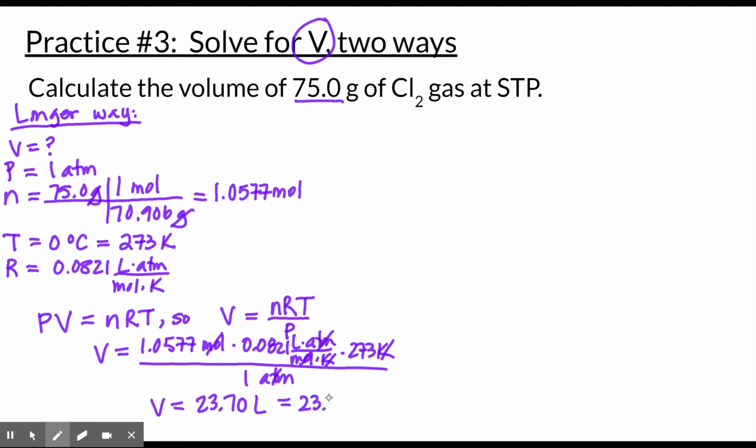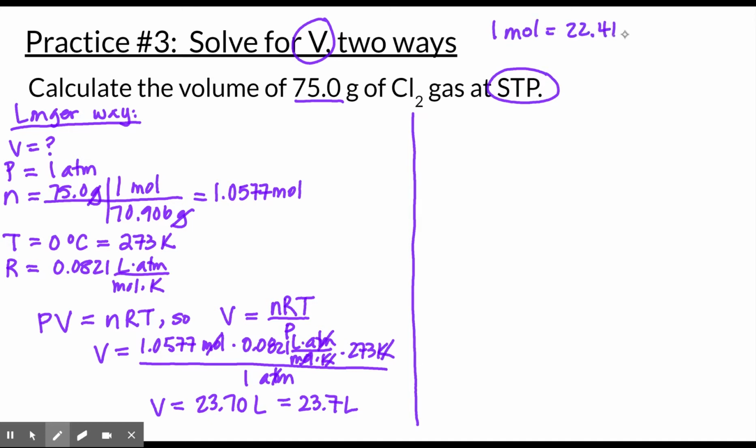The shorter way and the smarter way, let's be honest, is to understand that this is a gas at STP. So therefore, the relationship 1 mole equals 22.4 liters holds true. So it seems like we can just convert the 75 grams of Cl2 to moles.